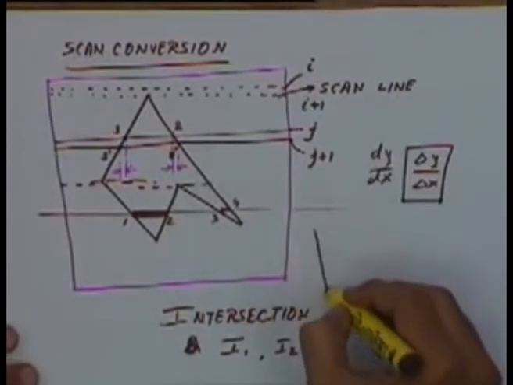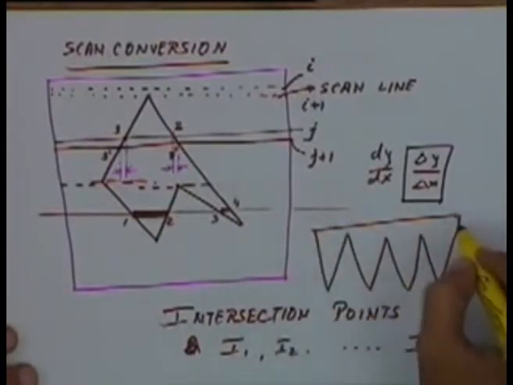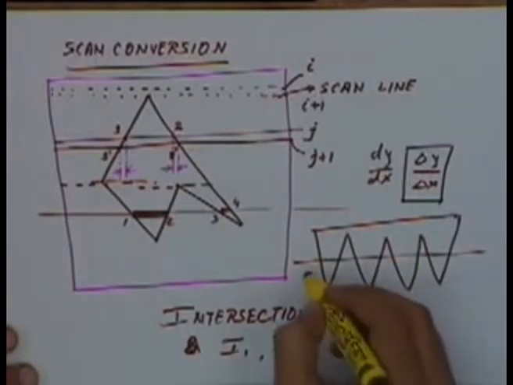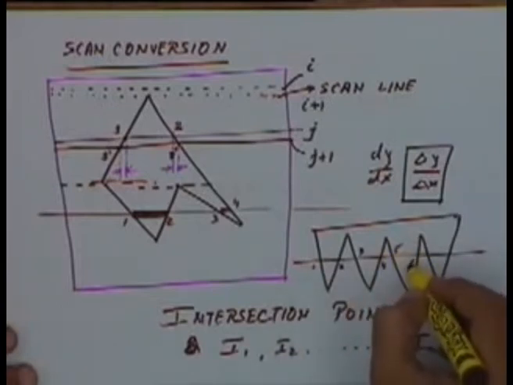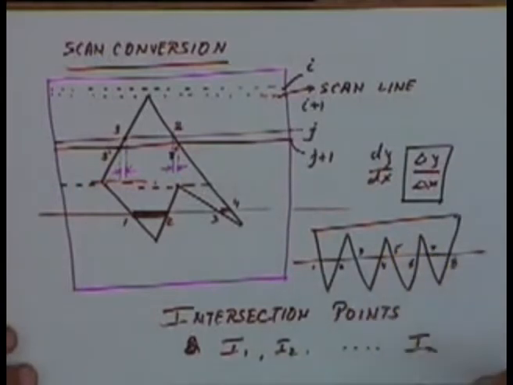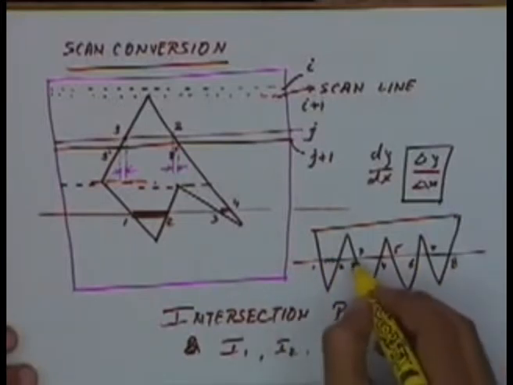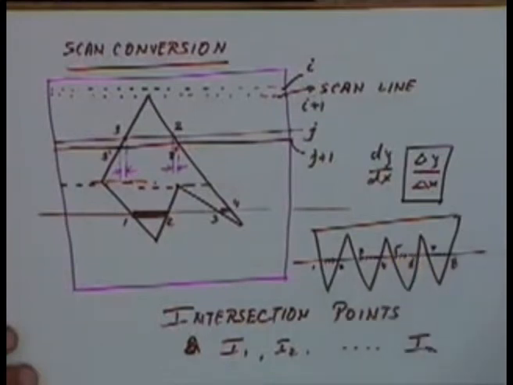If we have a polygon which is like this, we are considering a scan line at this point: 1, 2, 3, 4, 5, 6, 7 and 8. Between 1 and 2 they will be on, 2 and 3 will be off, 3 and 4 will be on, 4 and 5 will be off, 5 and 6 will be on, 7 and 8 will be on.